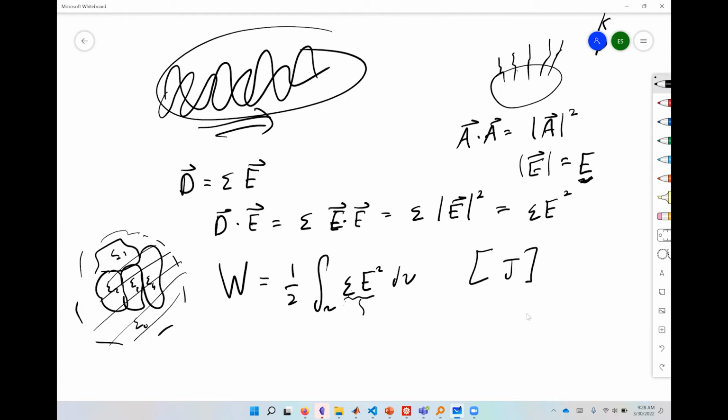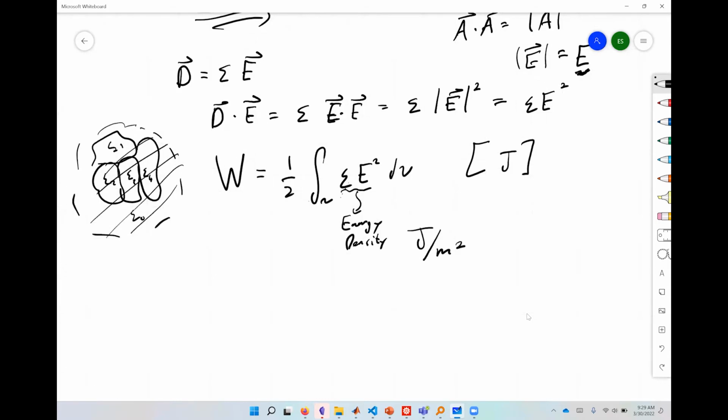This suggests that this thing here is an energy density. So this is a measure of joules per meter cubed. So we can define a new quantity called the energy density, small w, and we define it as half epsilon E squared.